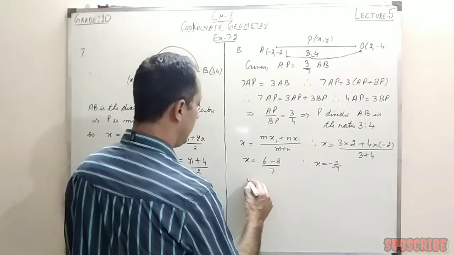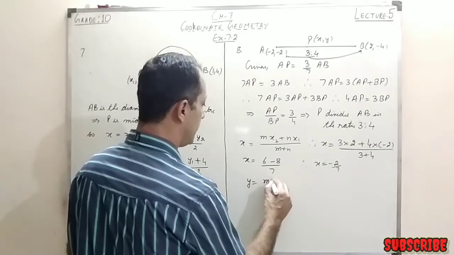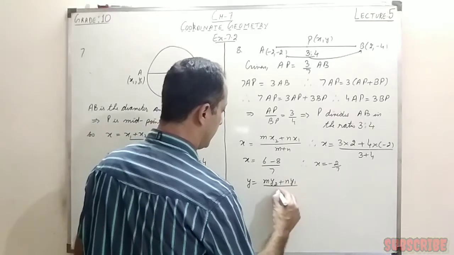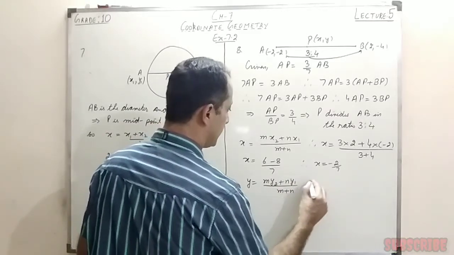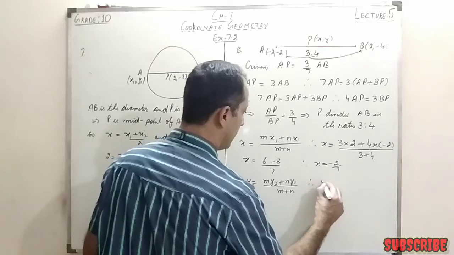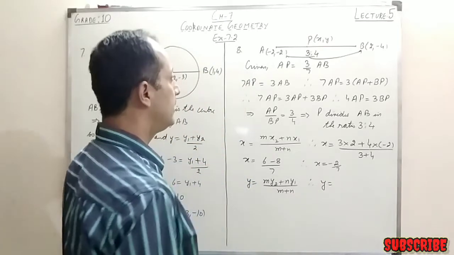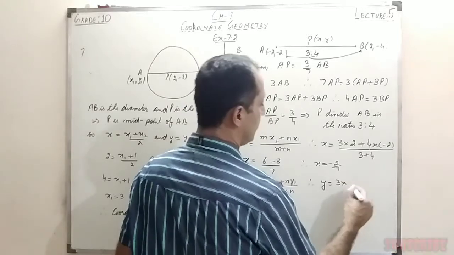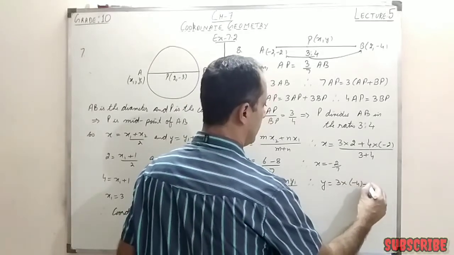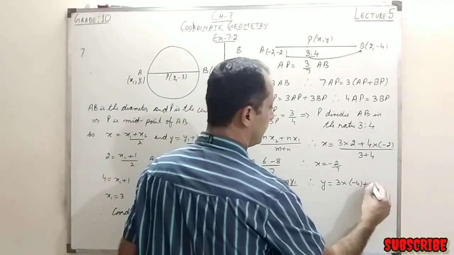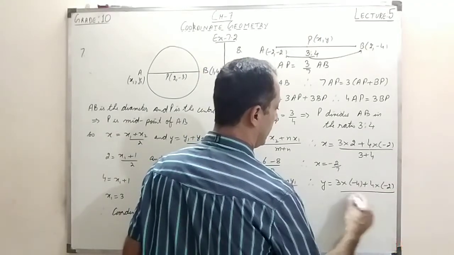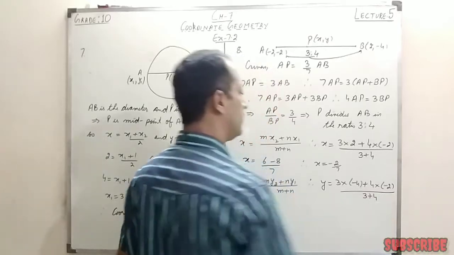Similarly, we can find y. y is equal to (m y2 plus n y1) upon (m plus n). Therefore, y equals m is 3 into y2 is -4 plus n is 4 into y1 is -2, upon 3 plus 4.